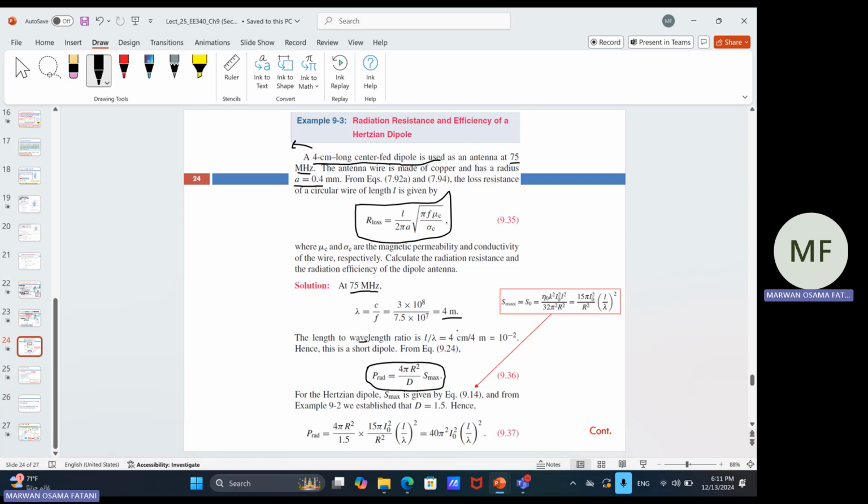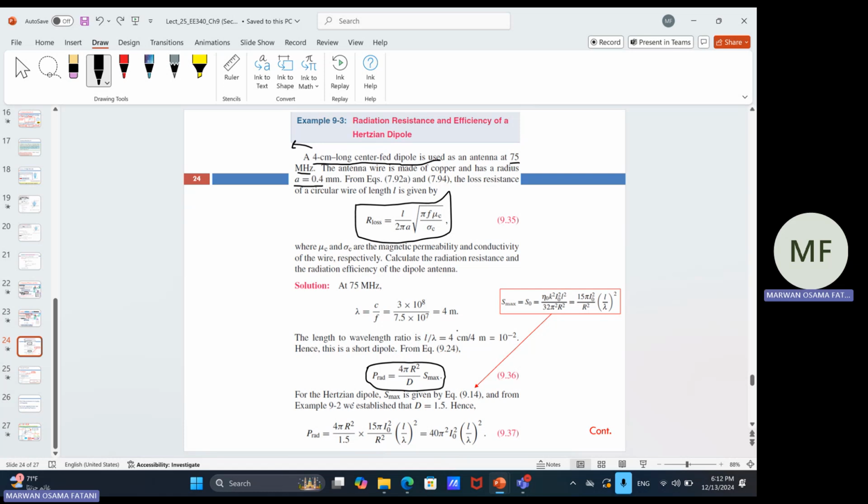Then we find the length-to-wavelength ratio, which is 10 to the power of -2. We do that so that we know this is a short dipole, and we can use this formula right over here.